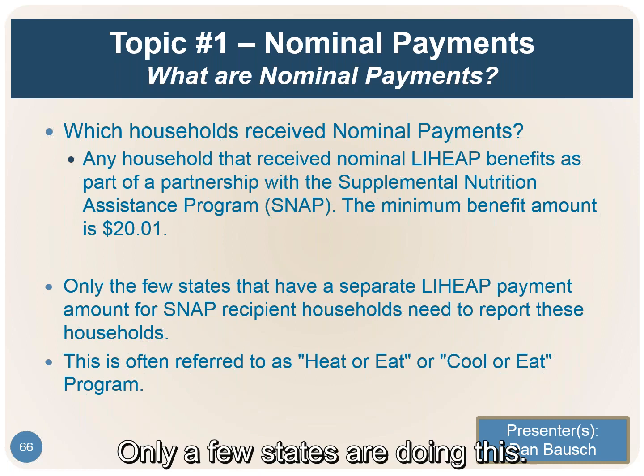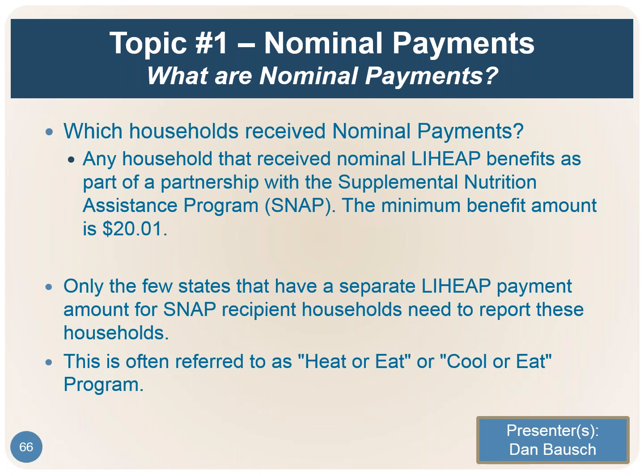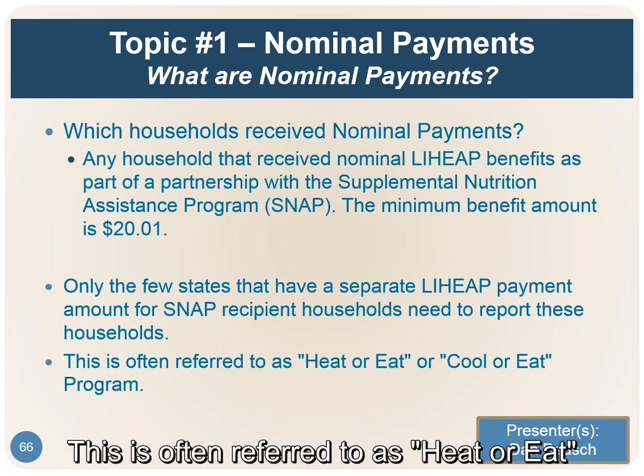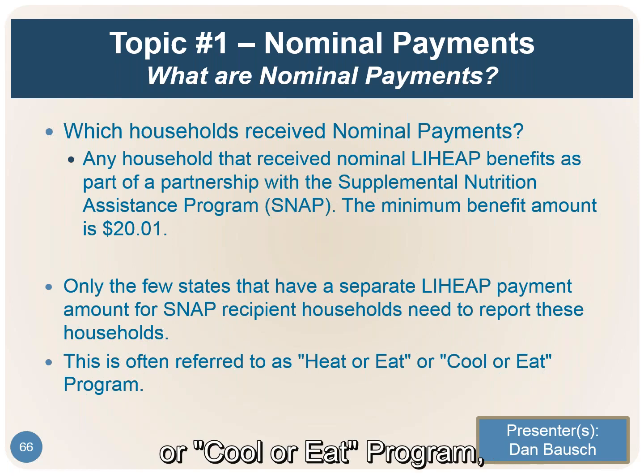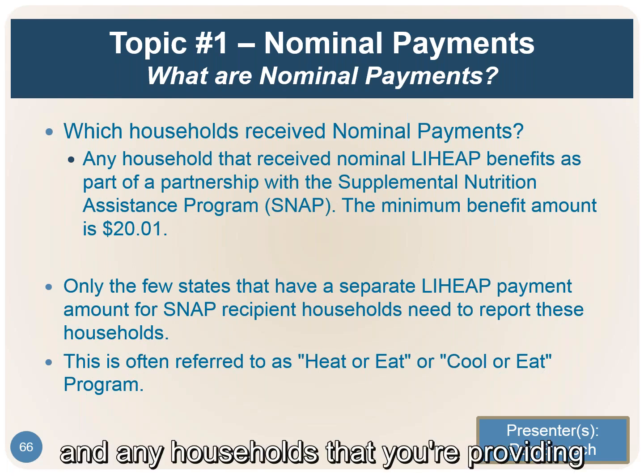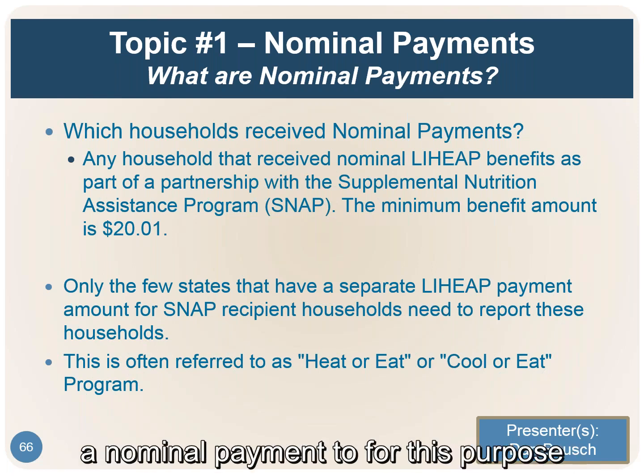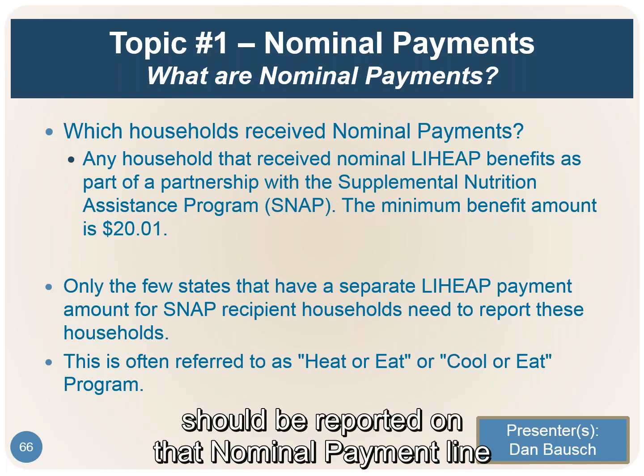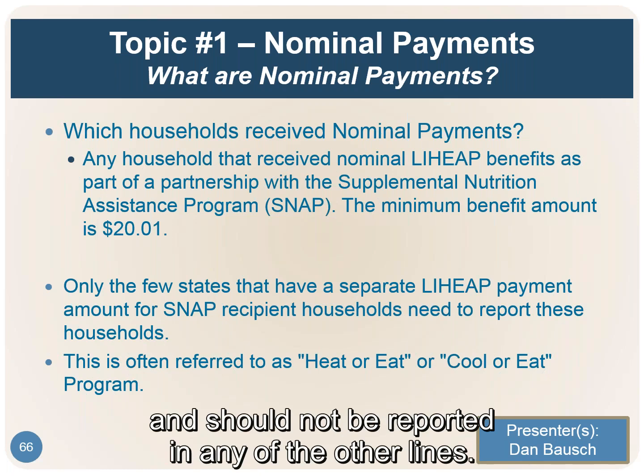Only a few states are doing this. This is often referred to as the heat or eat, or cool or eat, program, and any households that you're providing a nominal payment to for this purpose should be reported on that nominal payment line and should not be reported in any of the other lines.